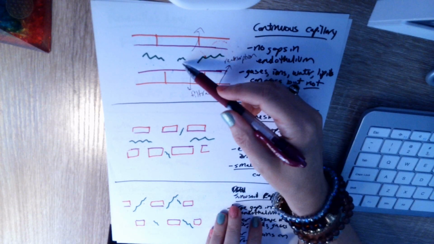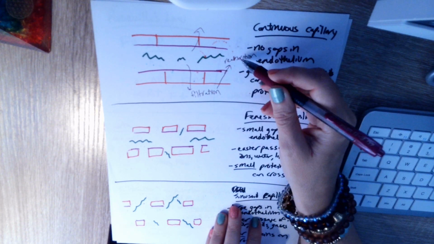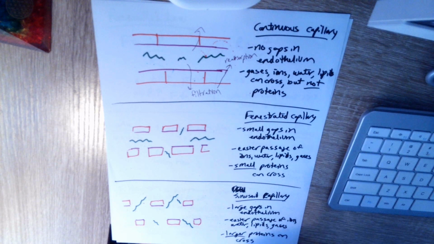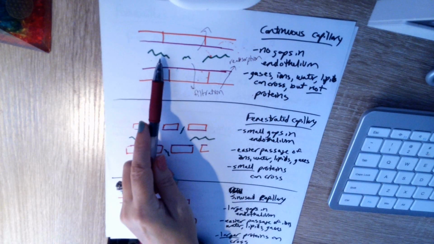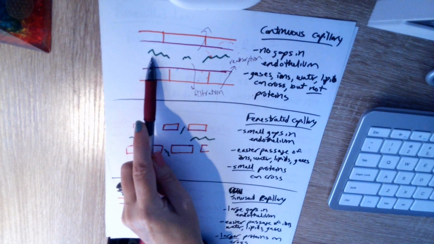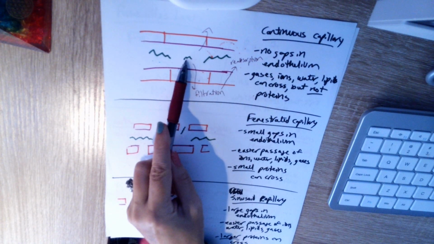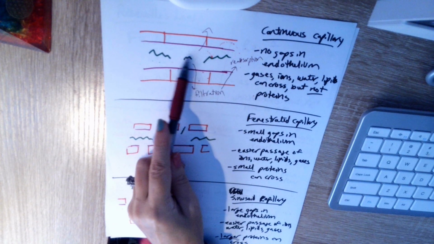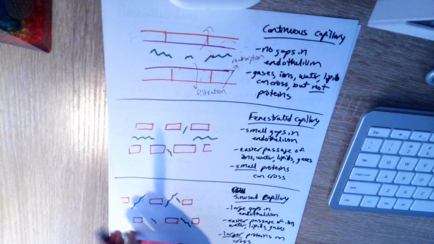So like, let's say oxygen gets filtered into the tissue, carbon dioxide gets reabsorbed out of the tissue into the blood. Now, one thing that cannot pass across a continuous capillary would be these, which are representing proteins. Big proteins and a little protein there. So they're stuck in the blood. They can't get out into the interstitial fluid in a continuous capillary.